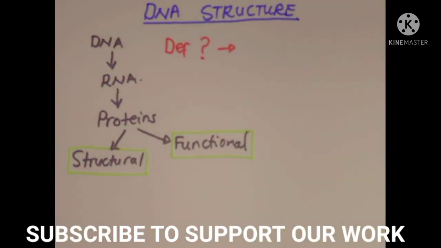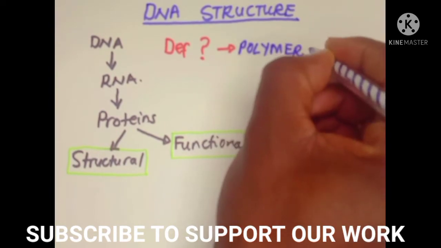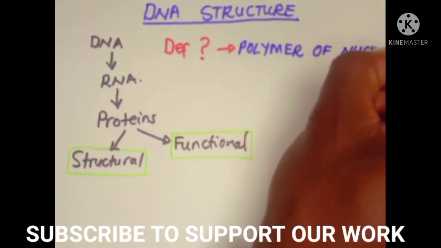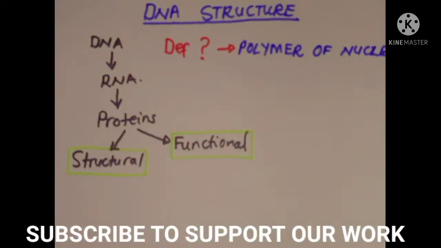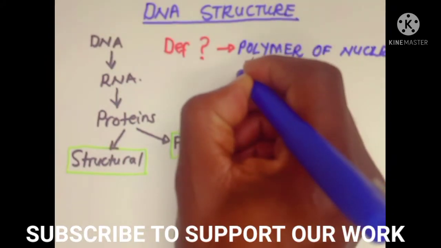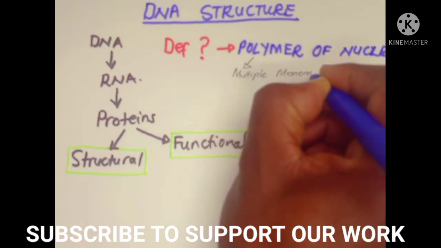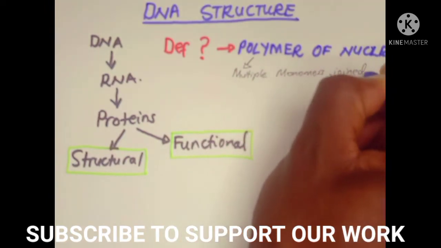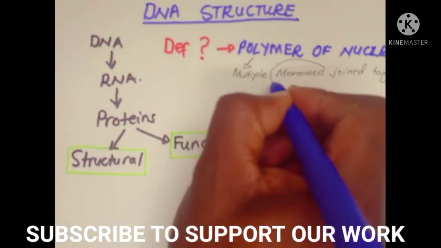So right now we need to define what exactly DNA is. So DNA is a polymer of nucleotides, or it's a polynucleotide. This is because a polymer is a structure in which many units called monomers are joined together to form the polymer.